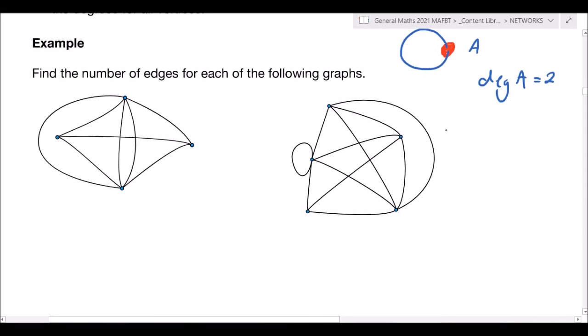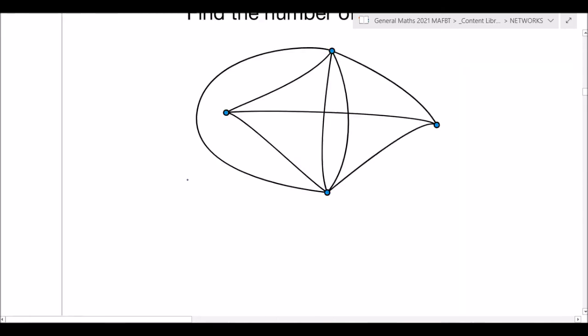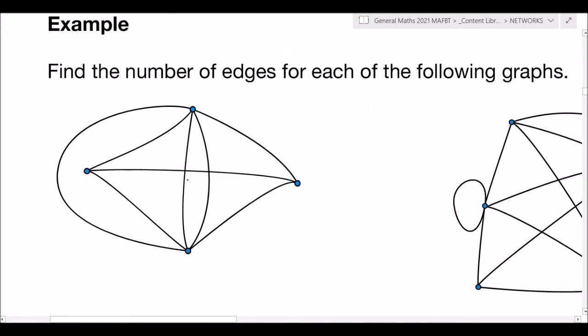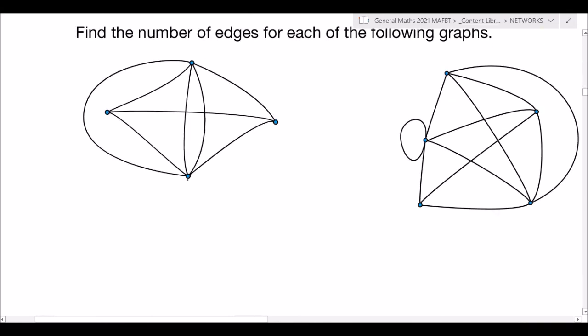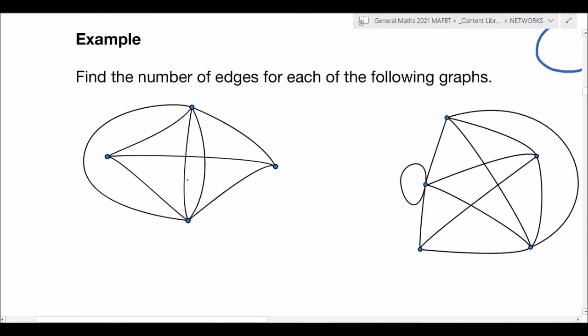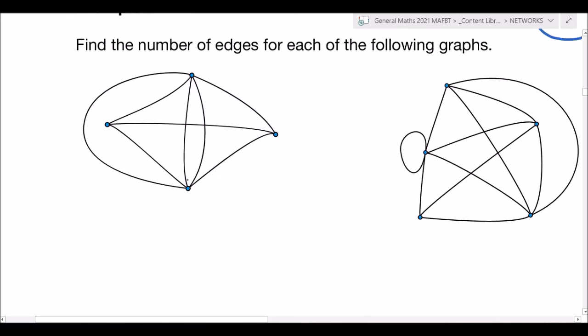All right, let's do some examples. Find the number of edges for each of the following graphs. Actually, it's just asking us for the number of edges, and from there we can also find the total number of degrees. In this graph I've got 1, 2, 3, 4, 5, 6, 7, 8.